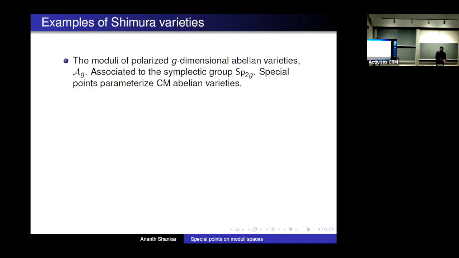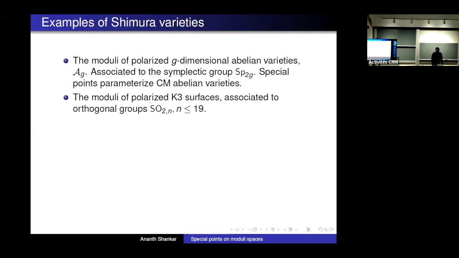Now, the generalizations of elliptic curves are abelian varieties, and the parameter spaces are also Shimura varieties. Just like the groups SL2 and GL2 define your modular curve, symplectic groups define the moduli space of abelian varieties. And special points are going to parameterize CM abelian varieties, namely abelian varieties with lots and lots of extra endomorphisms, where lots and lots has a very quantifiable and technical definition.